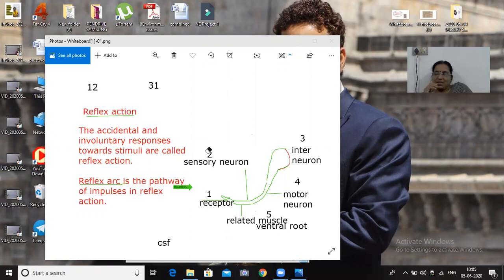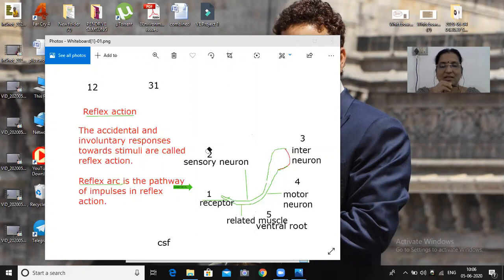Can you give some examples? Yes, when we touch a hot iron, we withdraw our hands. When something pricks on your leg, we withdraw our leg. So these actions are accidental responses towards the hot iron, towards the pin or sharp objects, etc. So that type of action done by our body is known as reflex action.